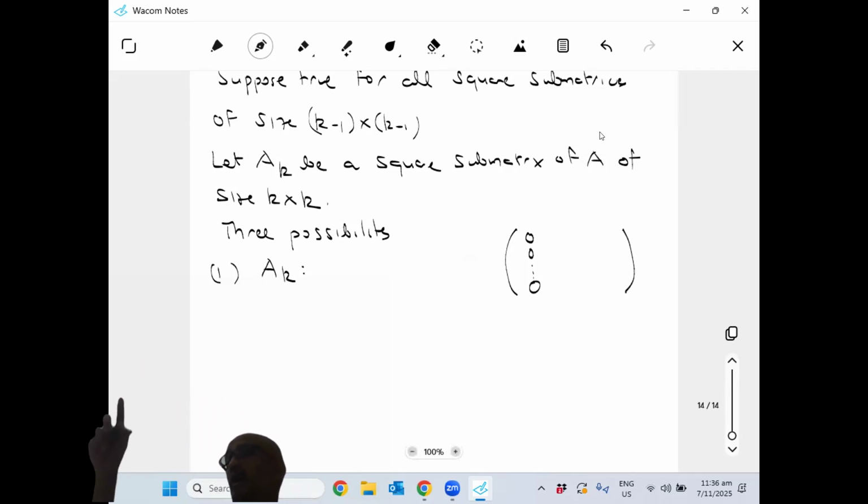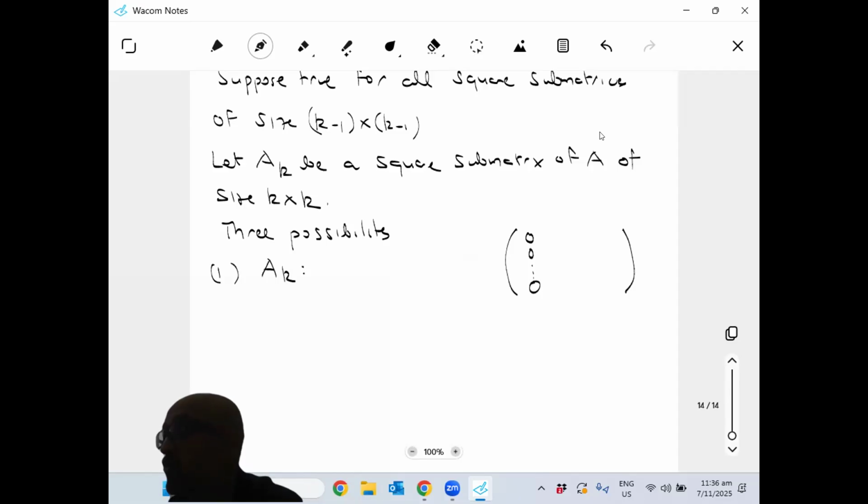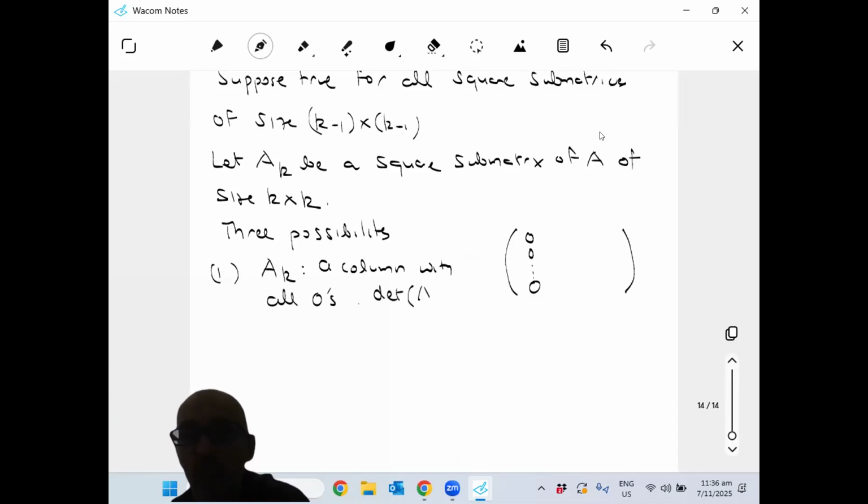Remember, every column has either a plus 1 and a minus 1, or a single plus 1, or a single minus 1, or all zeros. I'm taking a submatrix AK, so one possibility is a column with all zeros. What is the determinant of this matrix? It's 0. So the determinant of AK has to be 0, and it satisfies the TU property: the determinant has to be 0, plus 1 or minus 1.